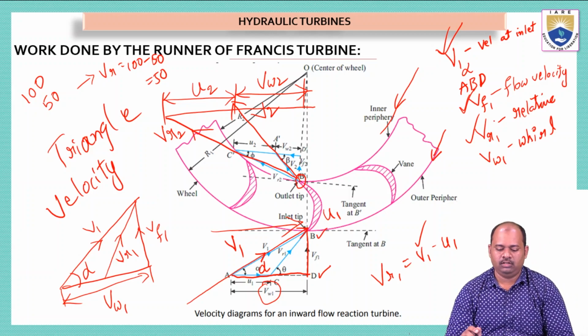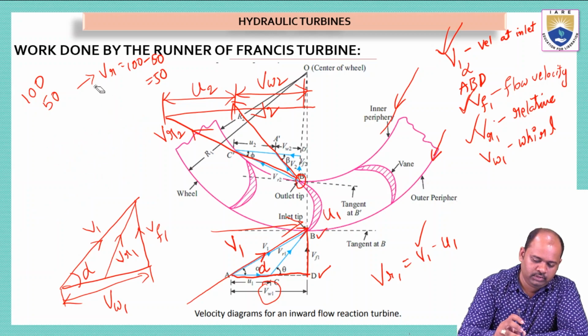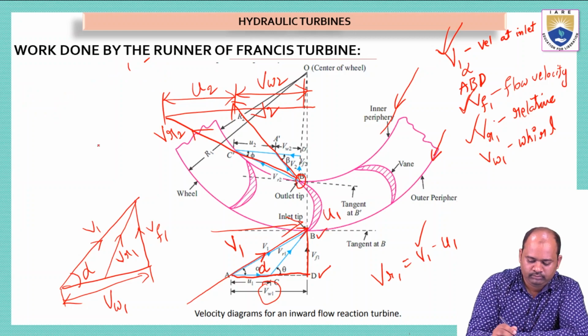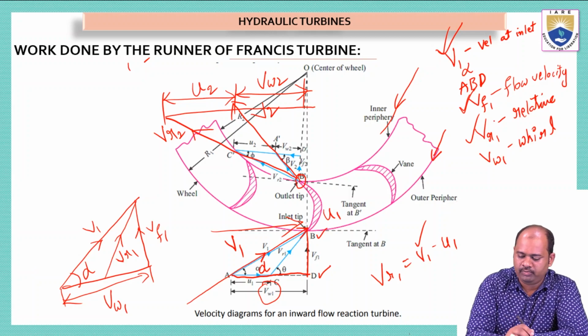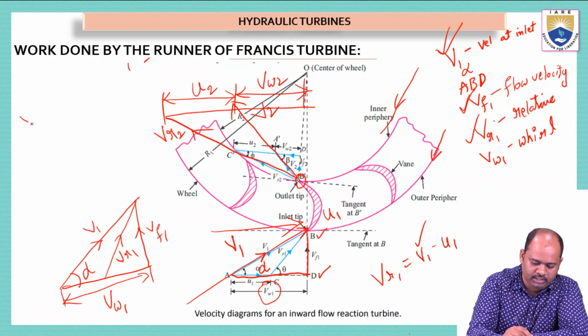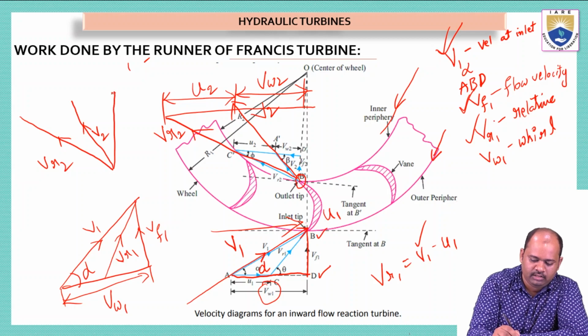Now I will draw this triangle again. I'm drawing the outlet triangle. The bottom triangle is the inlet velocity diagram. The bigger line is the relative velocity vr2, and the smaller line is v2, and we have a vertical line, and these are attached.